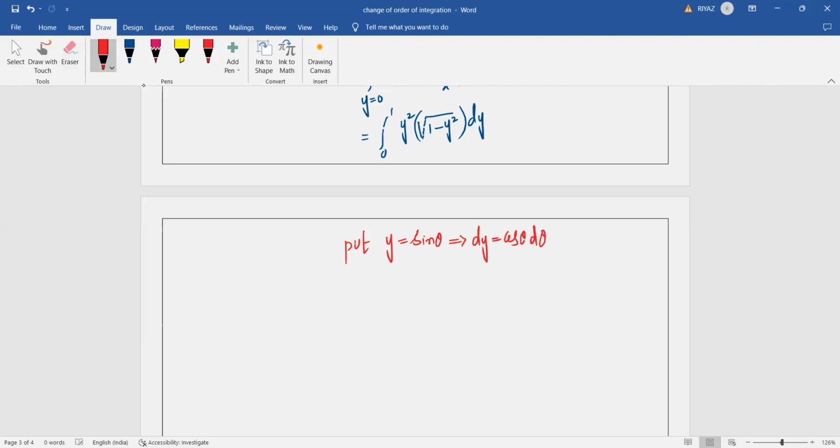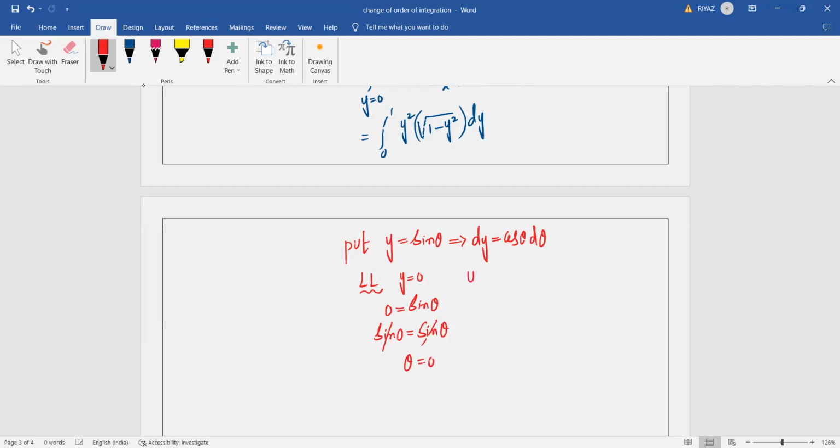We have to change the limits also. If you apply the lower limit, in place of y put 0, you get 0 is equal to sin theta. We did this type of problem before also. Sin 0 is 0, so theta is equal to 0.